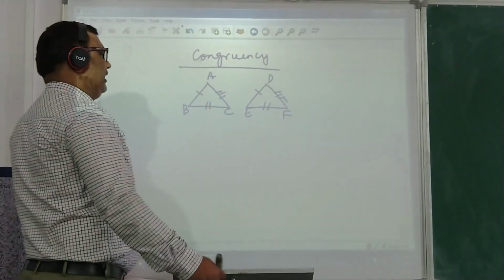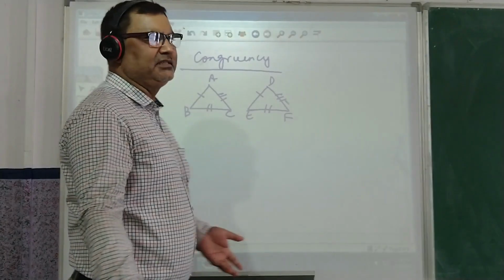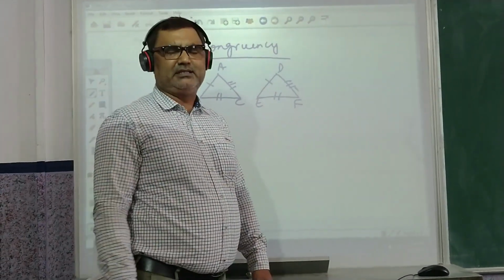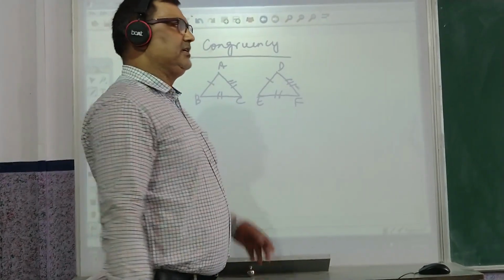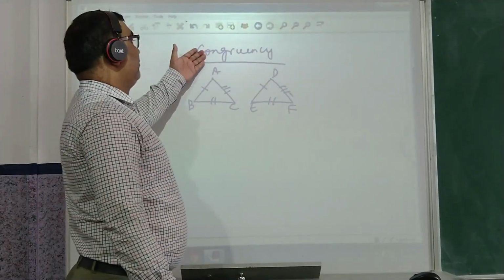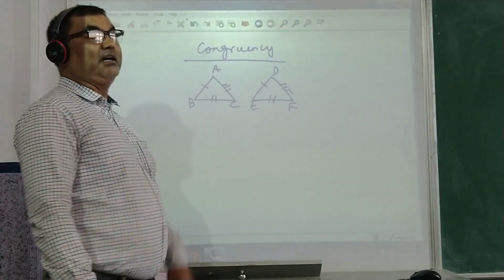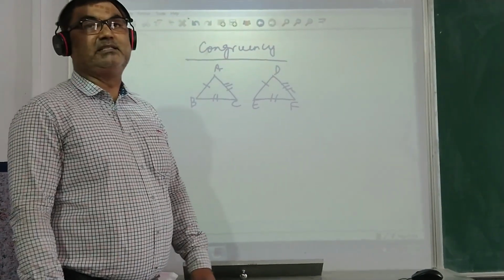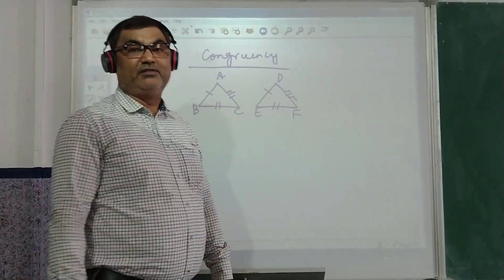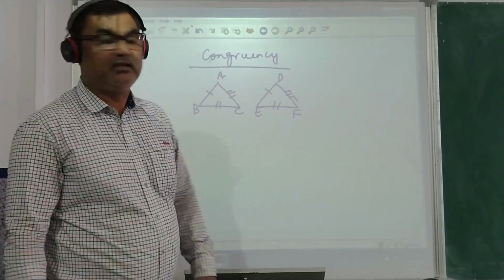So my dear, I think I have discussed all these in standard 8, it's just time to remind you. So, what is the difference between congruency and similarity? In similarity, it is not necessary to have the same size.